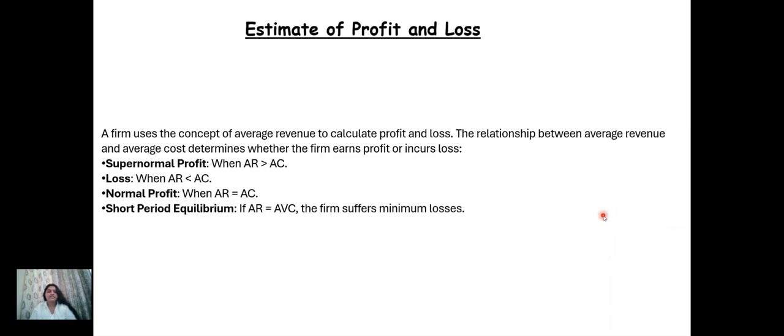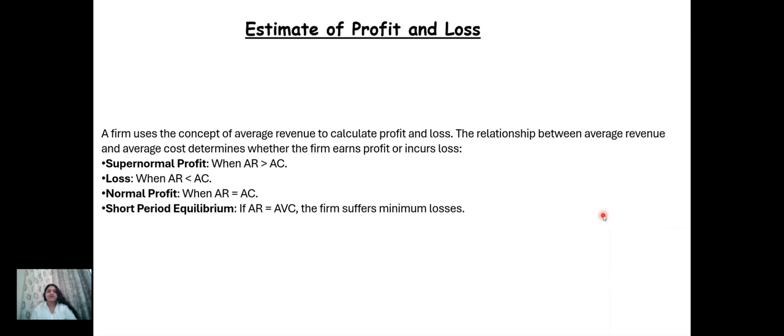Next is the estimate of profit and loss. Basically, when we organize something, there is a loss and there is a profit. To overcome the loss, we have to calculate and estimate how we can overcome the losses and get more profit.